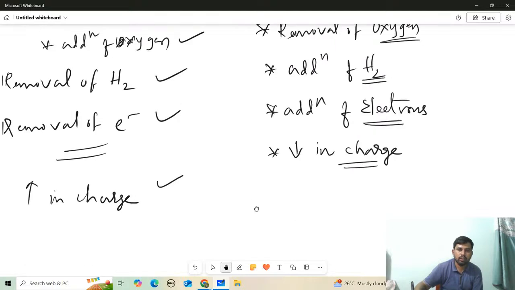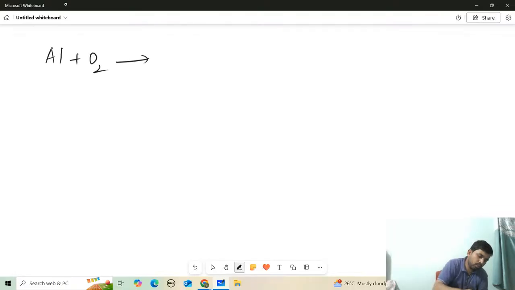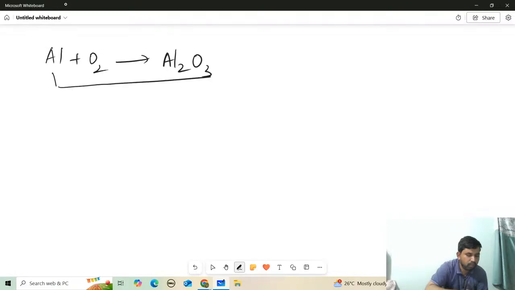So there are some reactions, let me write them. First we have aluminium plus oxygen gives Al2O3. Now see, in this process aluminium undergoes the oxidation process, so I can say aluminium is oxidized to Al2O3.